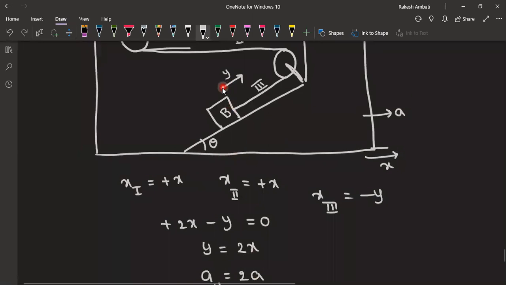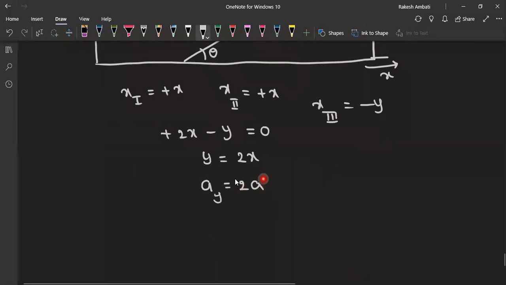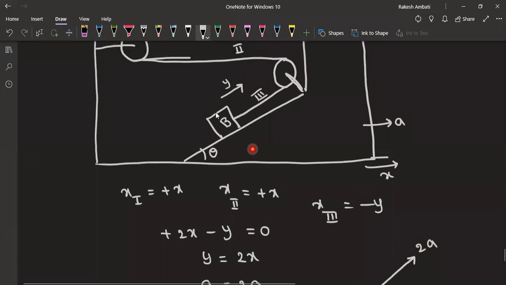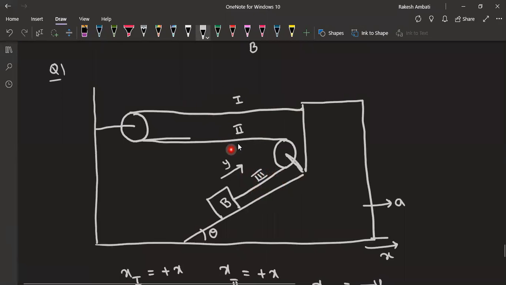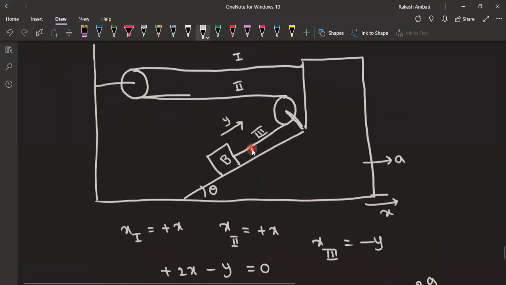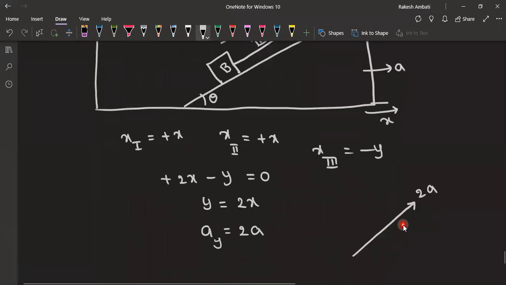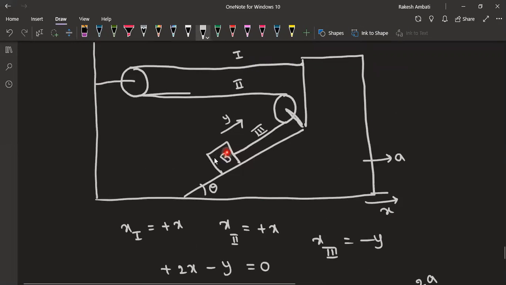Now this acceleration is present in this direction, dy by dt will be present in this direction. Whatever acceleration I'm getting, that acceleration will be in this direction. It is 2a. This acceleration is because of the increments and decrements, the changes. At the same time, this block is always in contact with the wedge.